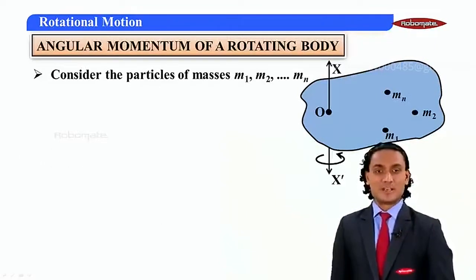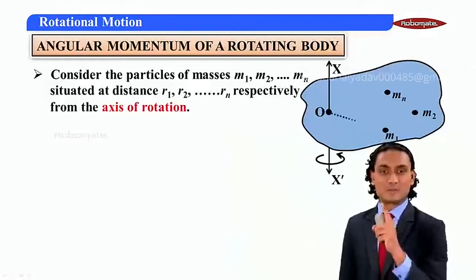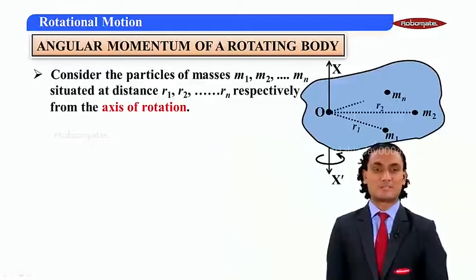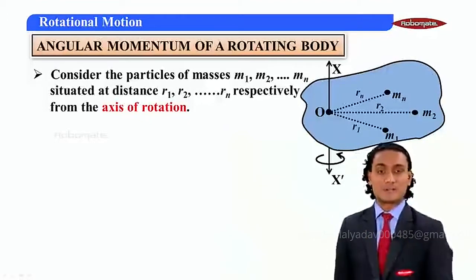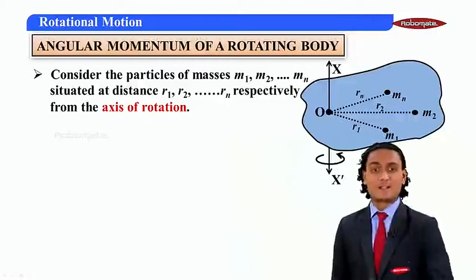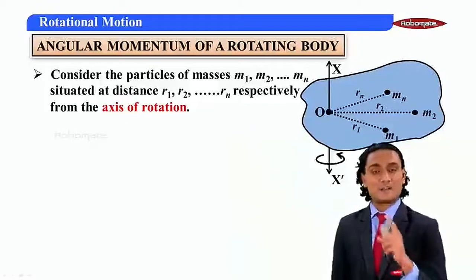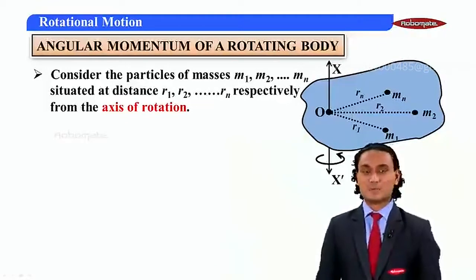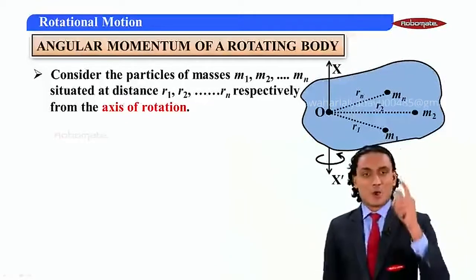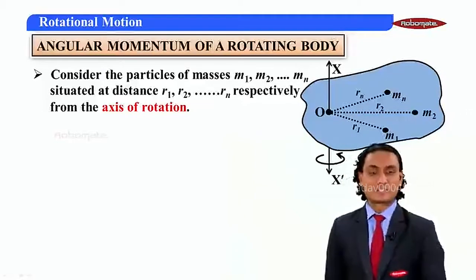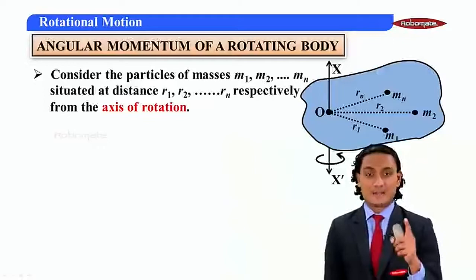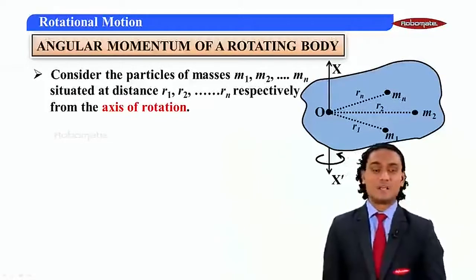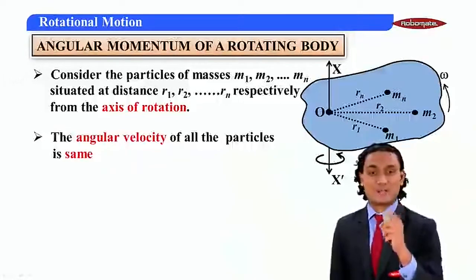Now students, the first particle is at a distance of r1 from the axis of rotation, the second particle is at a distance of r2 from the axis of rotation, and the nth particle is at a distance of rn from the axis of rotation. Now students, we all know this. When this rigid body rotates, the particles of the rigid body move in a circle, and all these particles will have the same angular velocity.